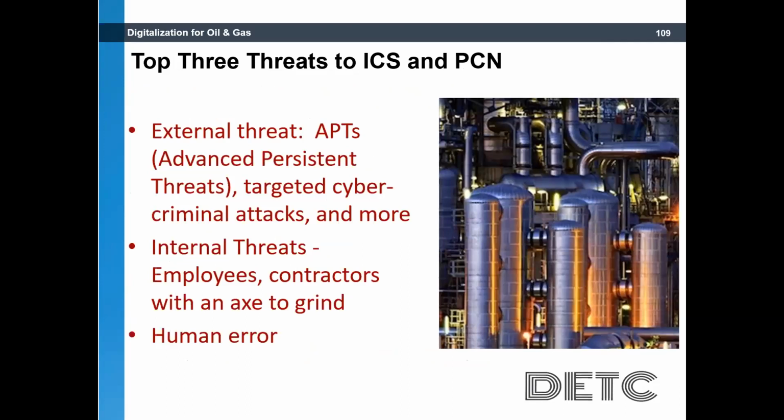The top three threats, or the nature of attacks, include externals, which are, for instance, advanced persistent threats, and internal threats from internal employees, contractors, or subcontractors, or accidental human error.